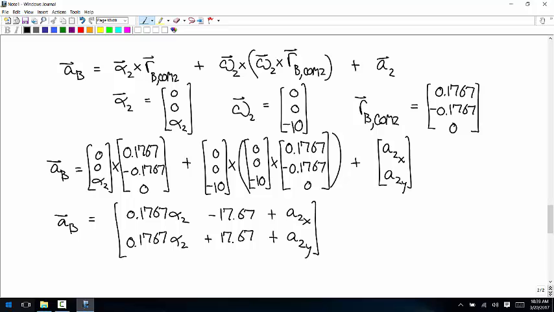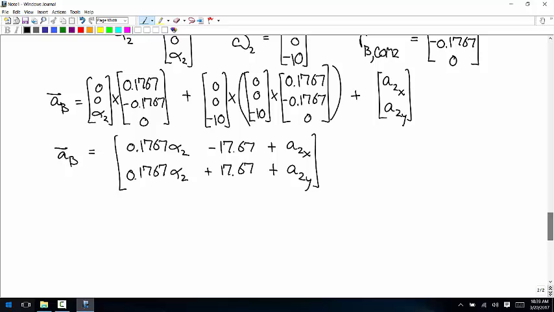And now we're just saying this version of AB is equal to the version of AB from member 1. So our equation 5 star says negative 0.3535 alpha 1 minus A2x minus 0.1767 alpha 2 is equal to 17.67.